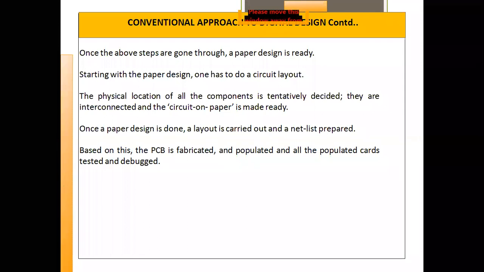We are also making use of some standard small scale integrated ICs such as MUX, DMUX, any others. And by combining those, we are getting some required functions. After completion of all these things, the paper design is ready for us.